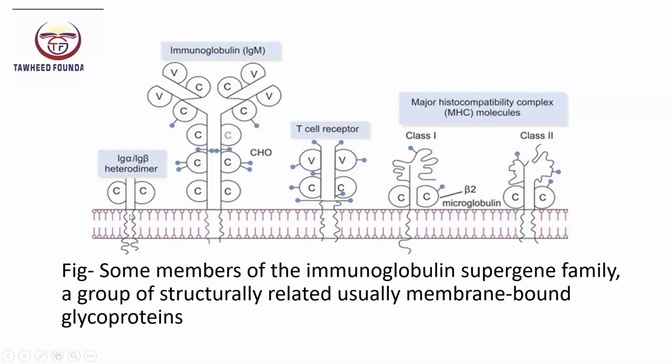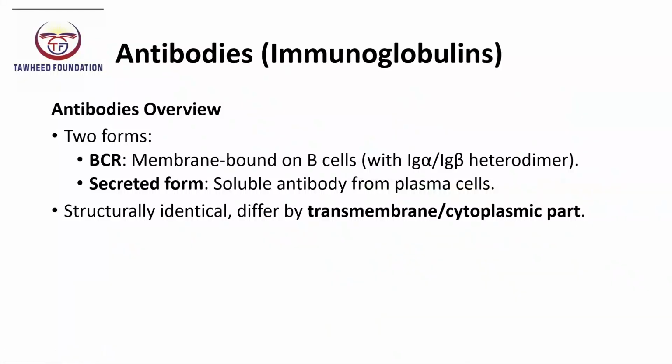They all share the immunoglobulin fold structure. Evolutionary conservation shows their role in antigen recognition and immune signaling, and not all are antibodies; some are cell surface receptors and presentation molecules. Next is antibodies.